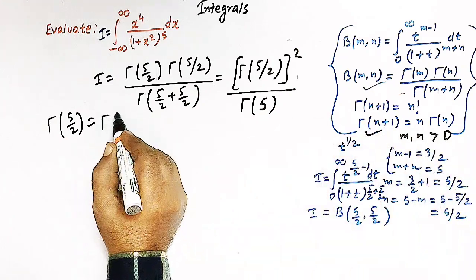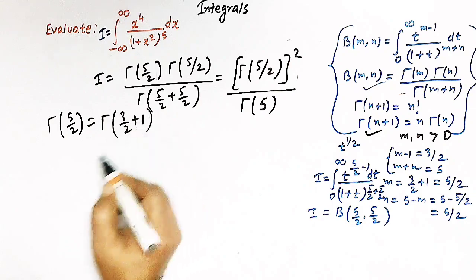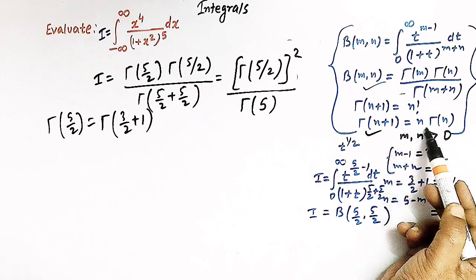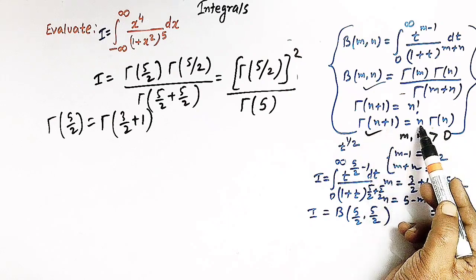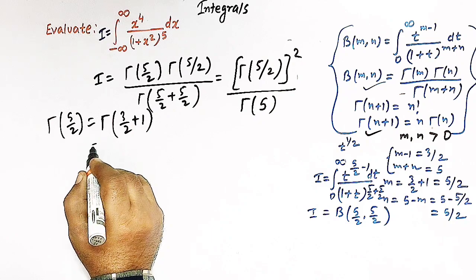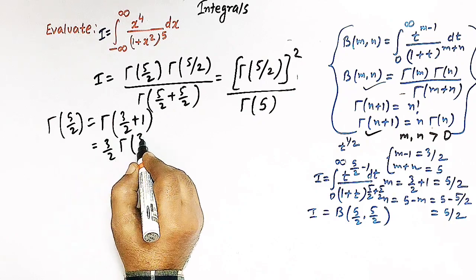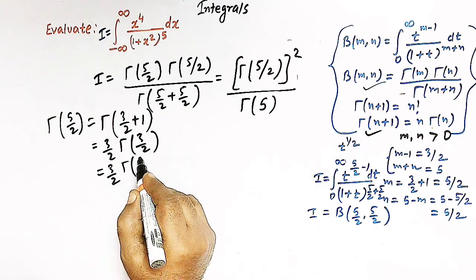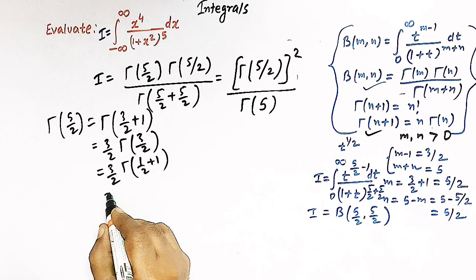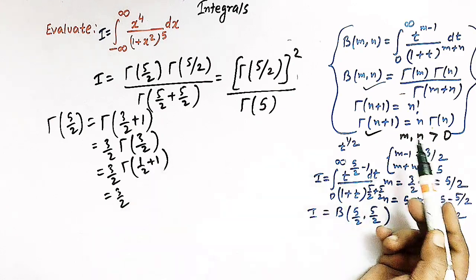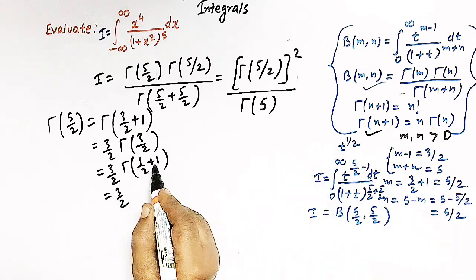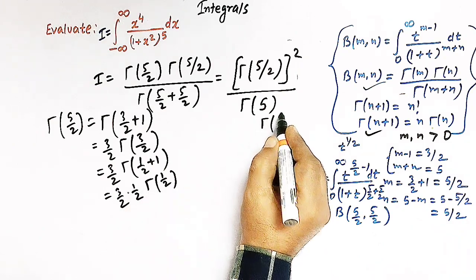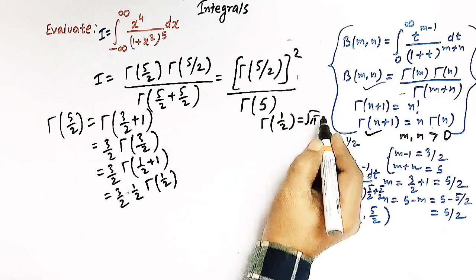So we can now write gamma 3 by 2 plus 1. We can split 5 by 2 like this, and using this result, that is gamma n plus 1 is equal to n times gamma n, we have 3 by 2 gamma 3 by 2, and again splitting 3 by 2 as half plus 1, we have 3 by 2, and again using this result over here, we have half gamma half, and gamma half is equal to square root of pi, right?